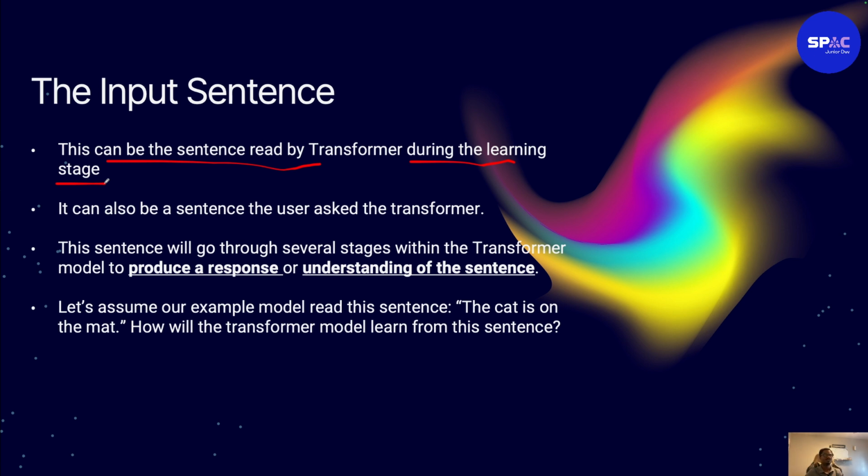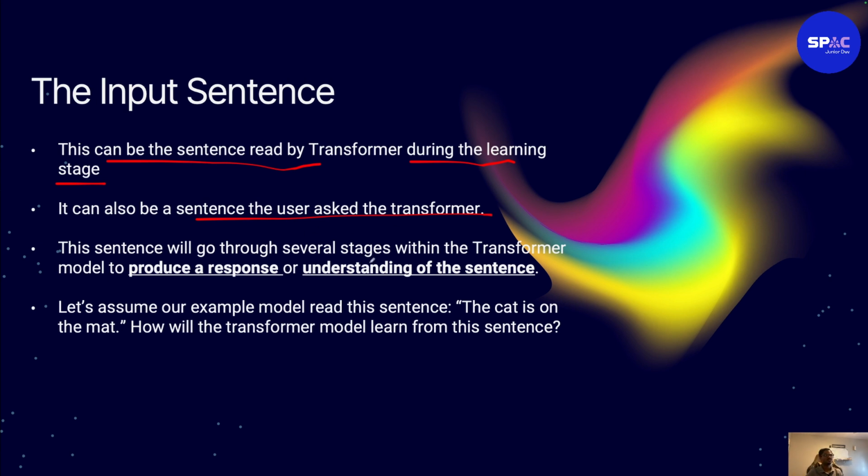So the input text can be what the transformer read online to be able to understand what we do. It can also be a sentence asked by the user, something that you ask the transformer. So two things: the input can be something the transformer learned from, and the input can also be the question that people ask transformers. Please don't forget that.